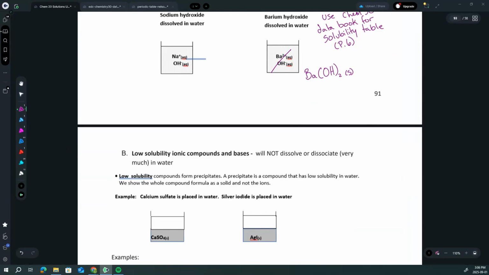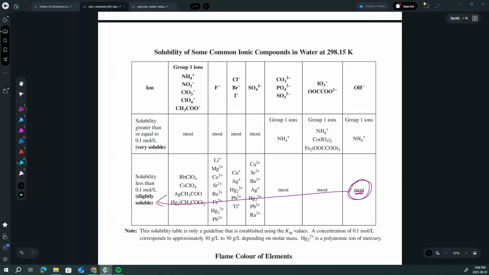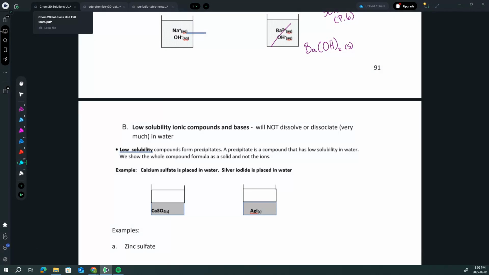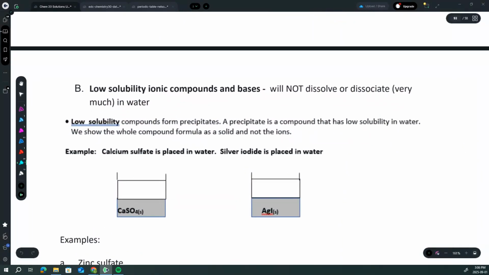Okay, so some low solubility ionic compounds and bases are not going to dissolve nor dissociate in water. You're going to find those in that last row of the solubility table, down here. The low solubility compounds are going to form precipitates.